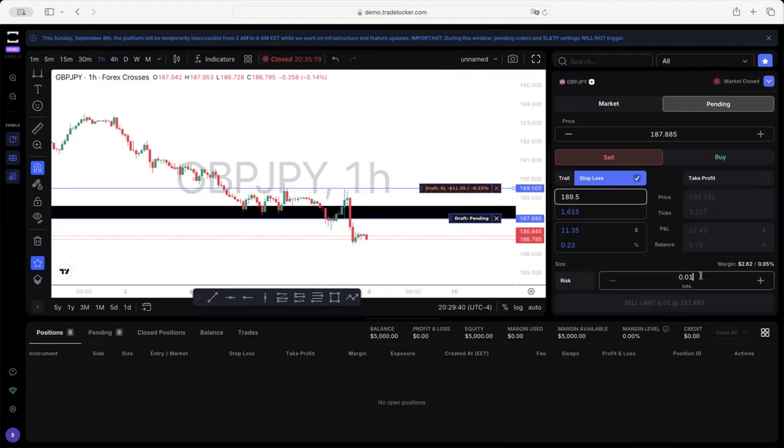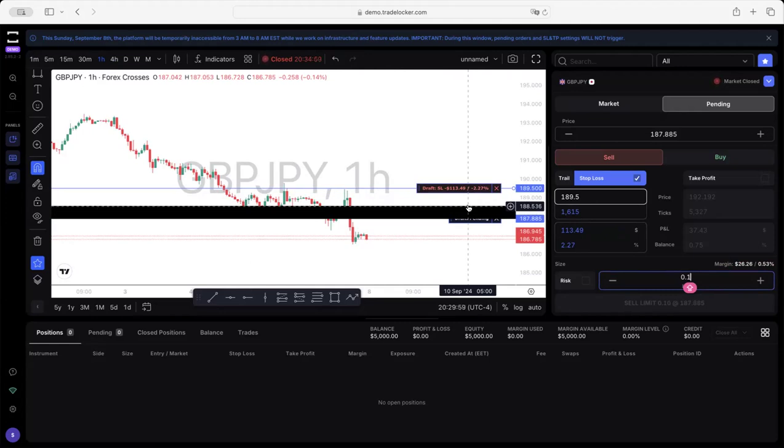Okay. So now I will go and I'll put a 1. So that means I'm going to lose $113. If you don't want to lose it, then you don't trade. Don't trade it or change your lot size.